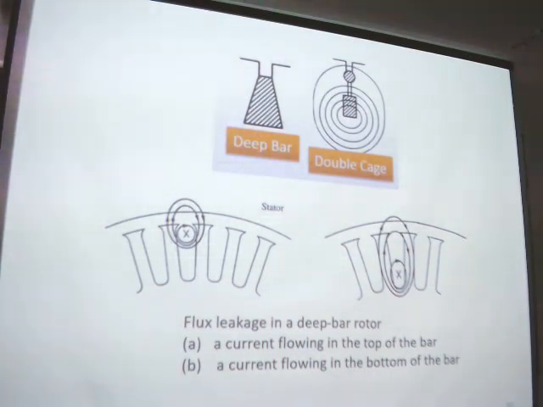If we have learned AC circuits, we know the skin effect. The current will tend to flow on the surface of the bar, with the smaller cross section. So it has a high rotor resistance.